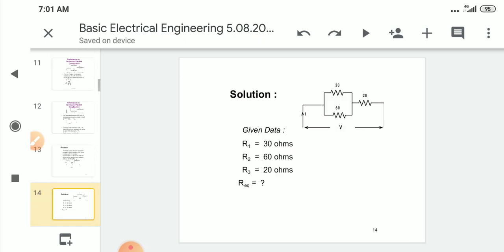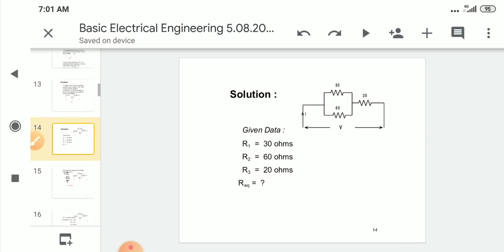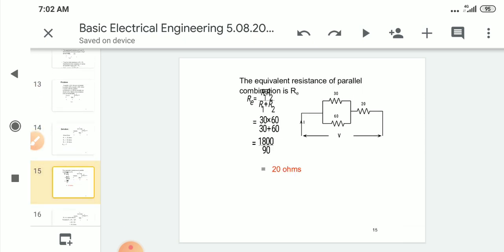Okay, here what we have to do? We have to find its equivalent resistance. Let's observe this circuit. Here this 30 and 60 are in parallel combination. So we have to find its parallel resistance. So R equivalent is what?